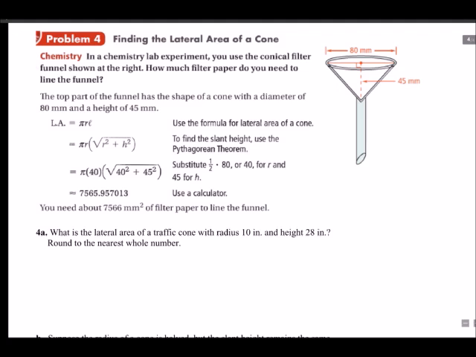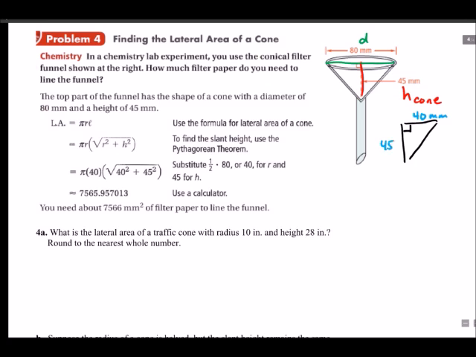In this case, what are we given? We are given a diameter, and we are given the height of the cone. Oh no, whatever shall we do? We just simply draw a right triangle, and we label what we know. This is going to be 40 millimeters.